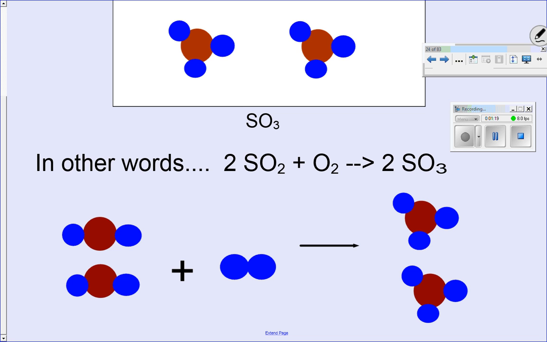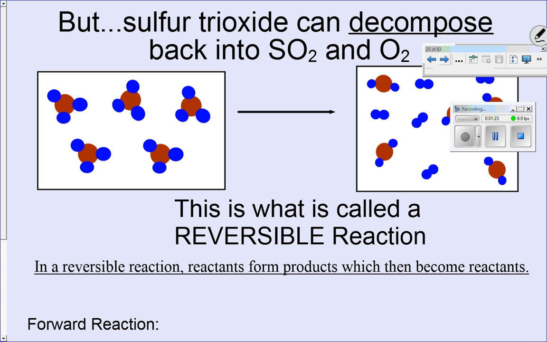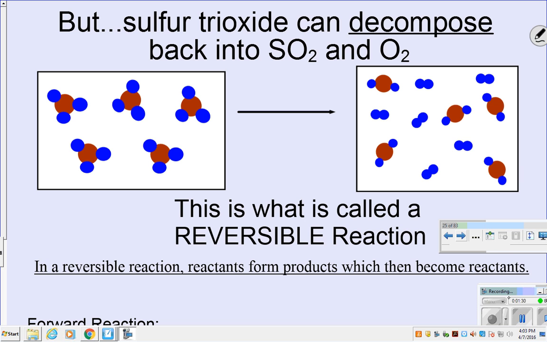So this is what we actually consider to be a forward reaction, because SO3 can actually decompose back down into SO2 and O2. So you can actually have a decomposition reaction here where the SO3 is breaking into those initial reactants. So this is what we call a reversible reaction, which we talked a little bit about with energy diagrams.